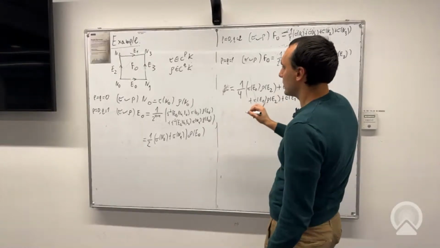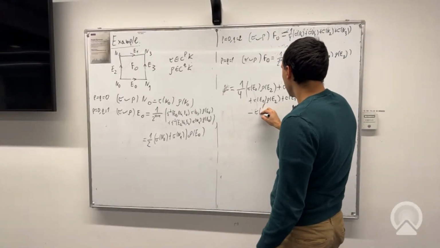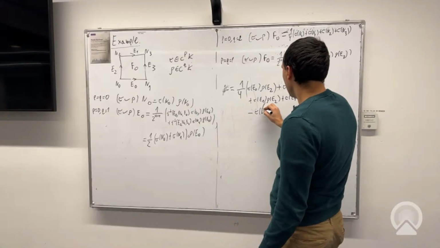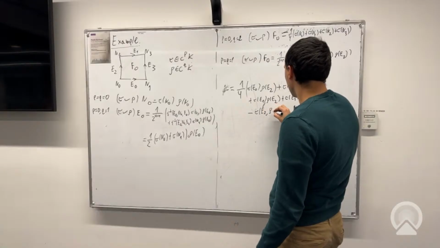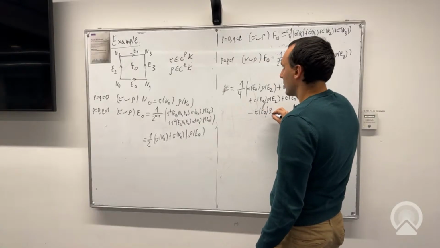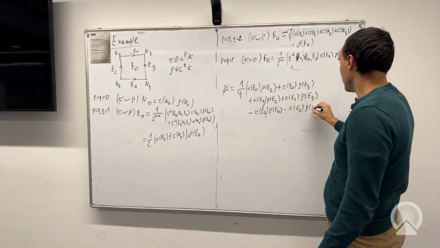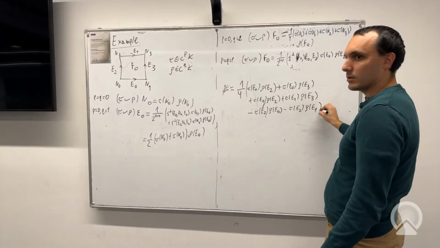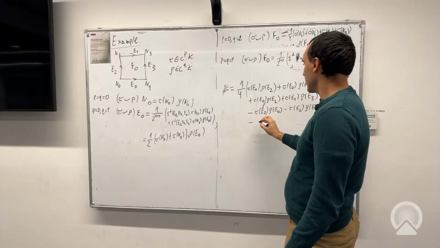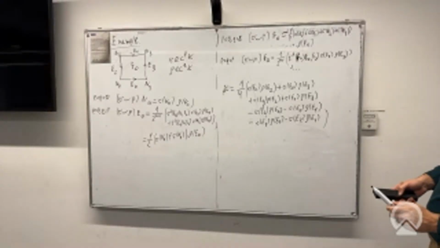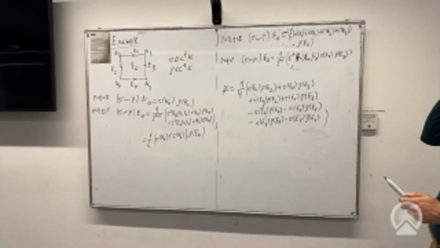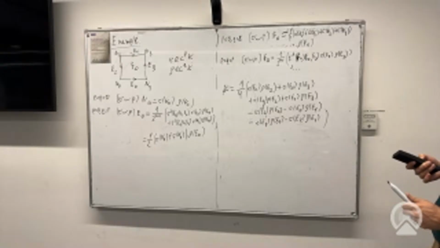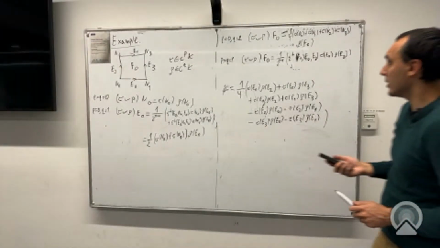But then I will have minuses in the opposite direction. So sigma E2 rho E2 rho E1 minus... okay.